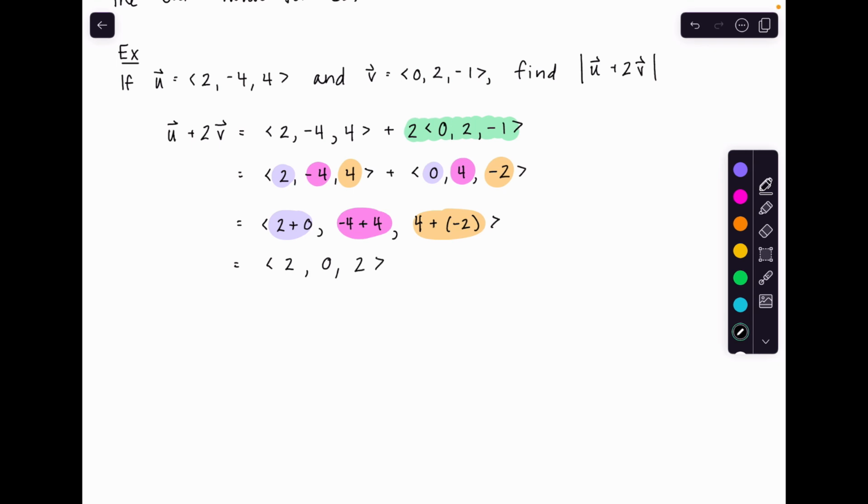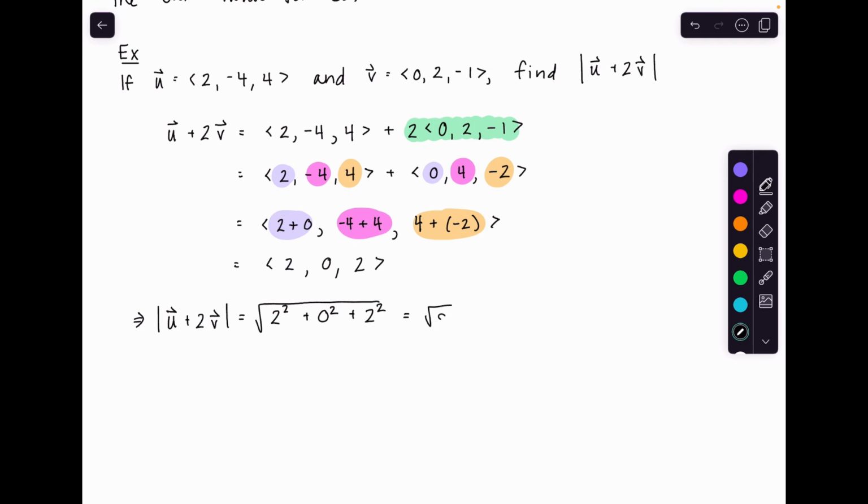Now that we've got the vector, we can go ahead and find the magnitude. So again, all that means is you take each value, square it, add it together, and then take the square root of that. 2 squared is 4, so this is 4 plus 0 plus 4.